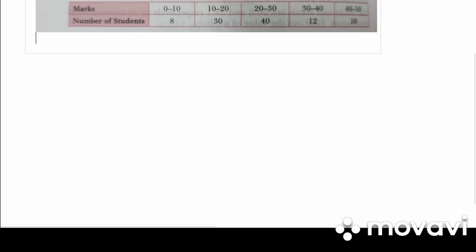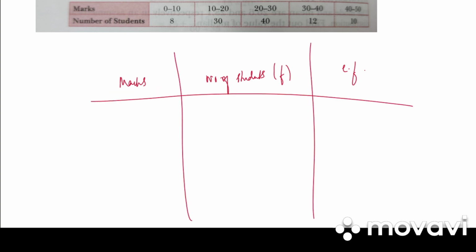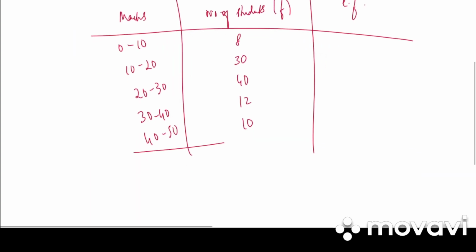Next, take down illustration 20. Find the median marks from the following data. So they have given us marks, number of students, that is frequency. So we have to find median, which means we need to find cumulative frequency. So 0 to 10, 10 to 20, 20 to 30, 30 to 40, 40 to 50, frequencies 8, 30, 40, 12, 10.